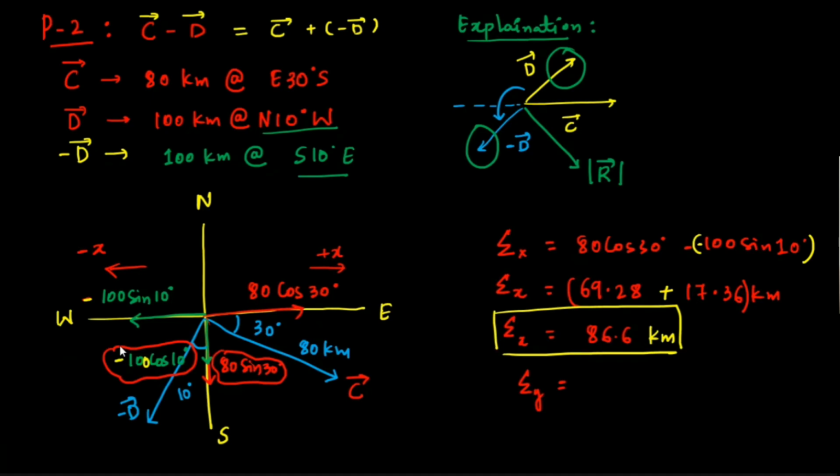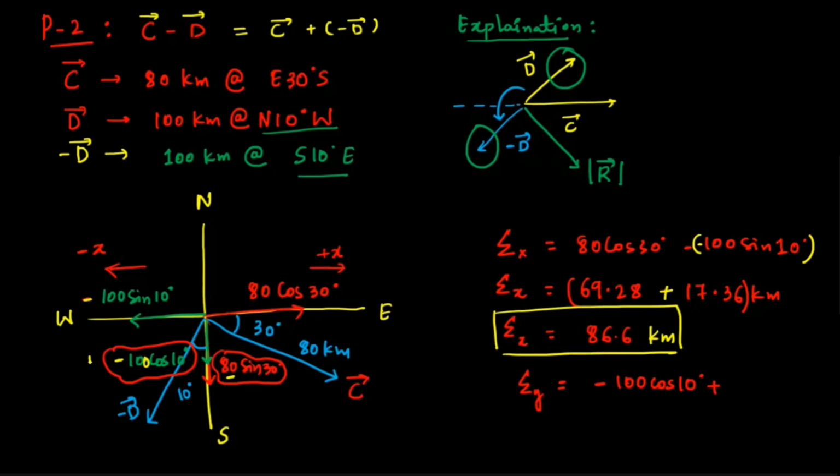You do negative of 100 cos 10. That is right, important, negative. And then minus 80 sine 30.